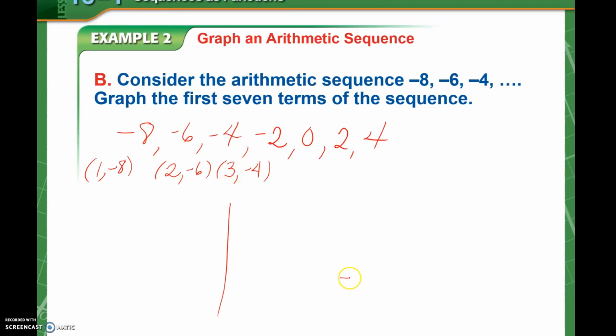So when I'm graphing these, the first one was 1, -8.